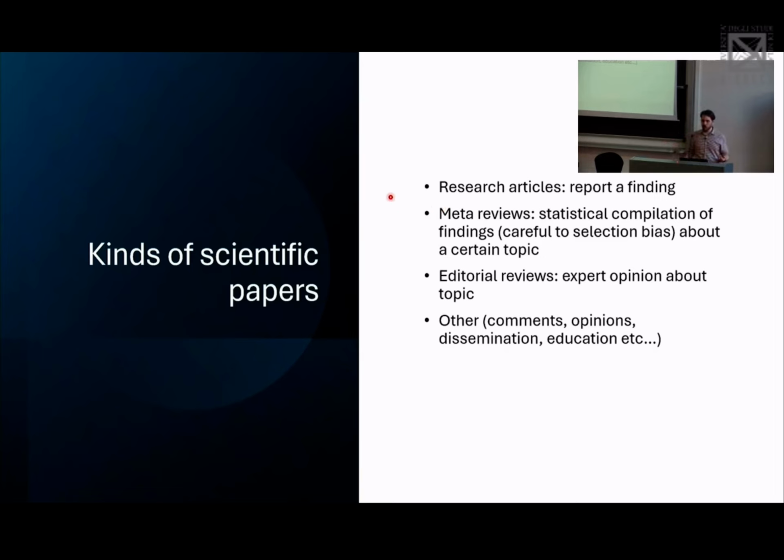In the meta-review, you collect all the papers that did experiments about a certain topic, like whether some drug works for some disease. You compile the statistical results all together from all the experiments, and you need to be super careful about selection bias. So you want to take every single paper that has ever been published about that topic, compile the results, and see if they all agree with one another in the statistical meaning of agreement.